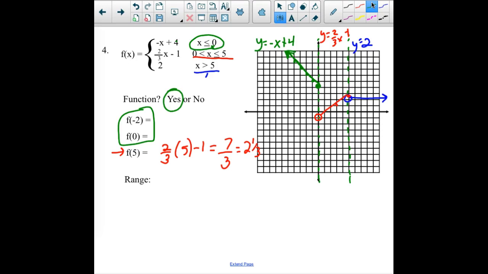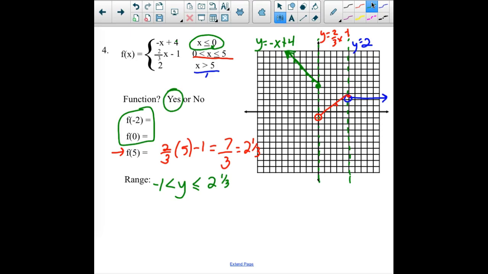The red line stopped at 2 1/3. And then there's a little gap before I start with the green line. So I can use y values from just above -1 up to 2 1/3. Okay? So I can write that as y has to be a little bigger than -1, but less than or equal to 2 1/3. Okay?